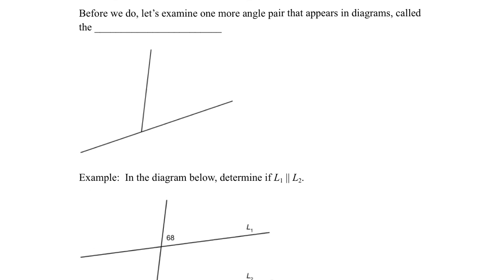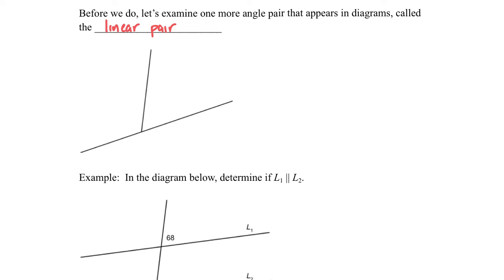This is a good time to introduce one more angle pair, though, that doesn't really have anything to do with parallel lines, but it does appear in the diagrams, and that's called the linear pair. Now, you will notice that linear pair has the word line right in it, because that's exactly what it is.